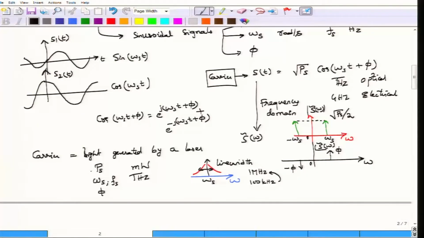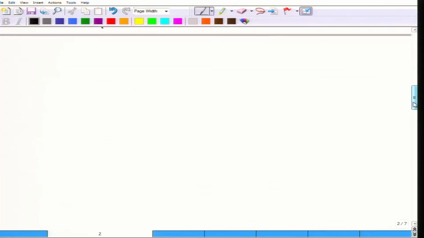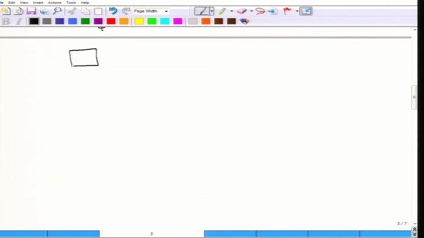Also, the power of a light wave that is generated from the laser will not be constant, but it would actually be fluctuating. So, this delta p of t represents the random fluctuation. You would expect the laser to have a constant power, but it does not really have a constant power. Its average power is Ps, and around that there would be fluctuations. You can see these fluctuations assuming that you have an ideal photodetector.